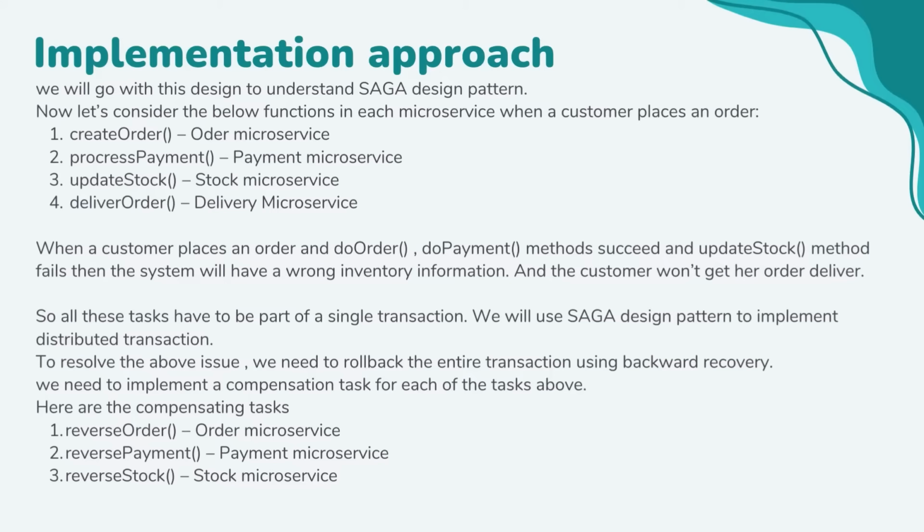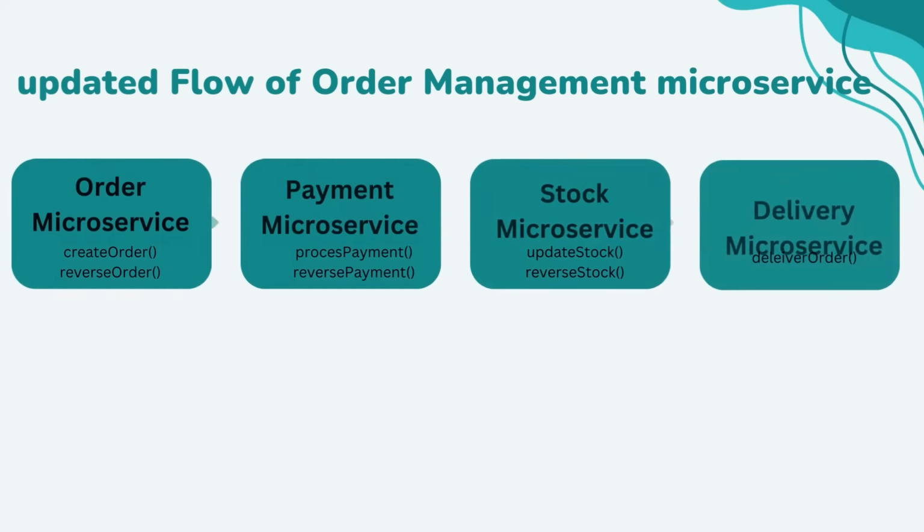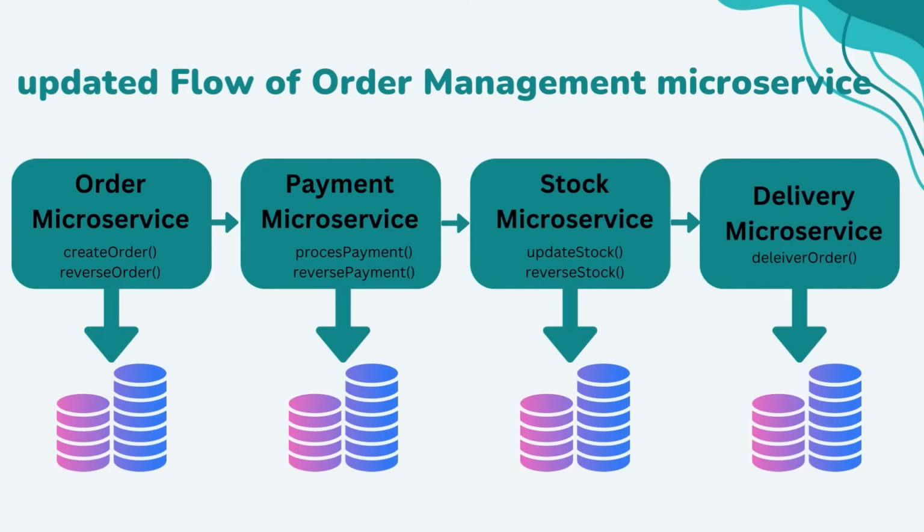When a customer places an order, those methods will be called, and in case we need to reverse, we define reverse order for the order microservice, reverse payment for the payment microservice, and reverse stock for the stock microservice, as you can see over here. So this is the updated flow of the order management microservices.